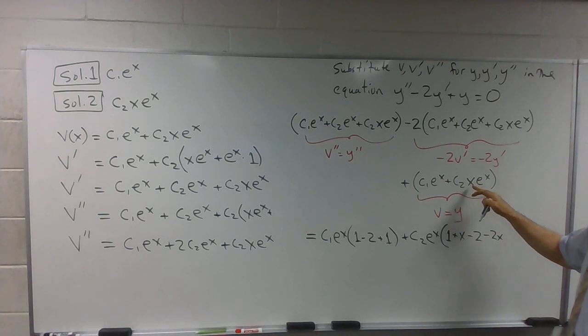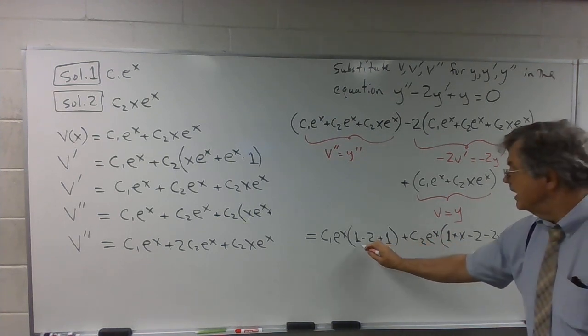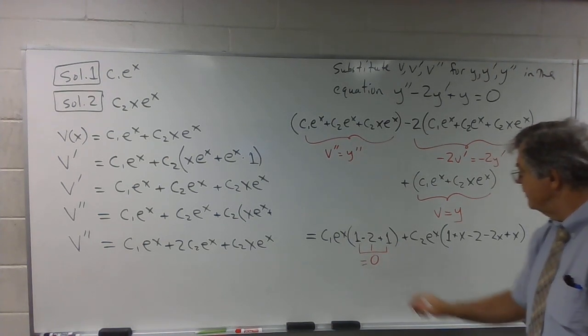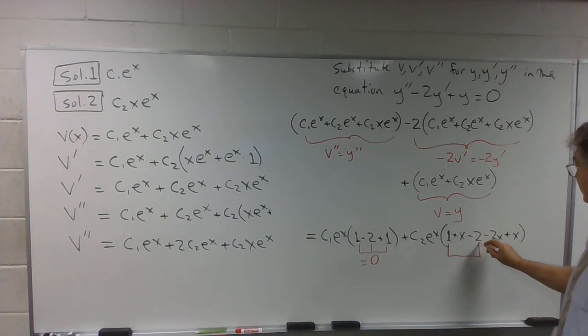And then we have x c2 e to the x. And what happens here? We got 1 minus 2 plus 1, that's 0. And we have 1 minus 2.